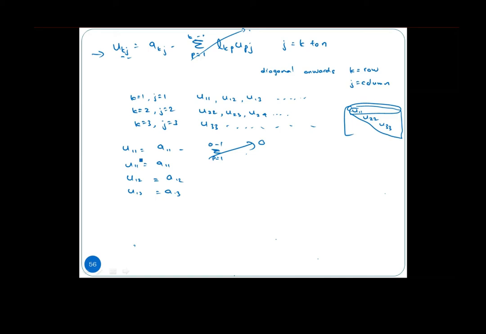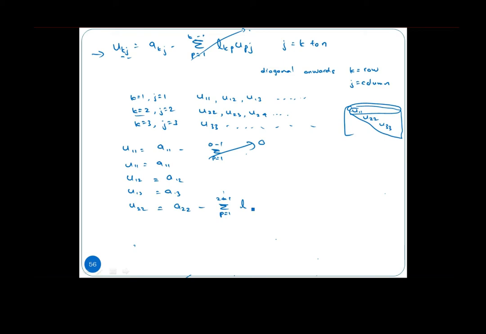If I'm going for the second row, it has to be U22 onwards. So for U22, I have A22 minus the summation from P equals 1 to 2 minus 1, which is 1.